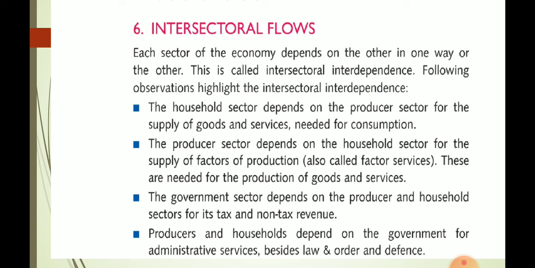Now who is the owner of the factor services? Household sector. And without factors of production, producer cannot make the production of goods and services. So in this way, producer sector depends upon household sector for factors of production.